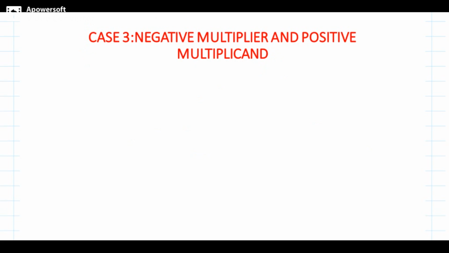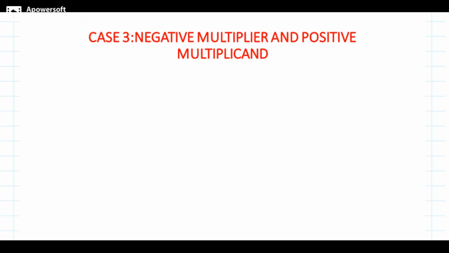Next we will consider case 3, negative multiplier and positive multiplicand. Suppose multiplicand m is equal to plus 13 and multiplier q is equal to minus 6.